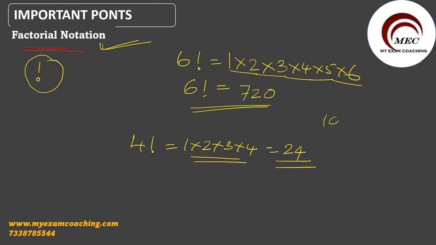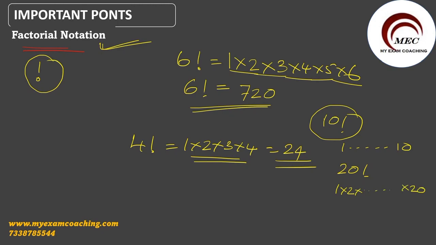For example, if we want 10 factorial, we multiply all numbers from 1 to 10. If you want 20 factorial, we multiply 1 into 2 into, like that, all numbers up to 20.